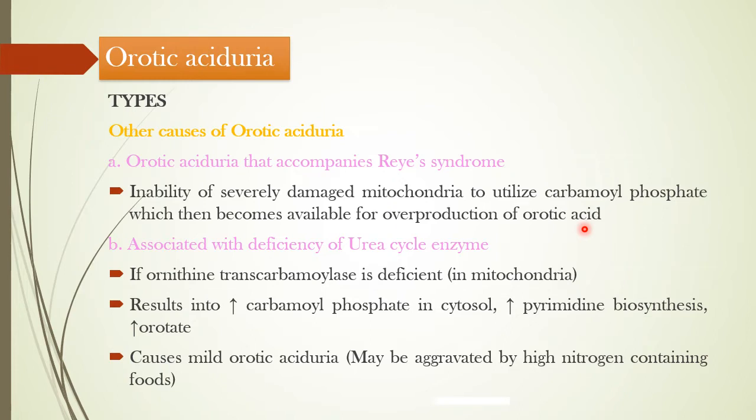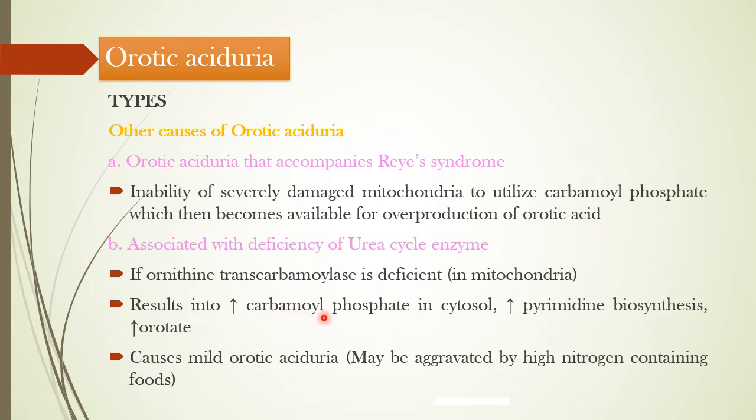The second type of minor orotic aciduria is associated with a deficient urea cycle enzyme. For example, if the ornithine transcarbamylase enzyme is deficient in mitochondria, then the urea cycle stops and it results in a high level of carbamoyl phosphate in the cytosol.